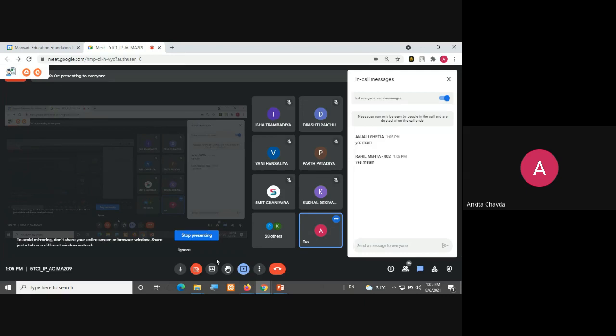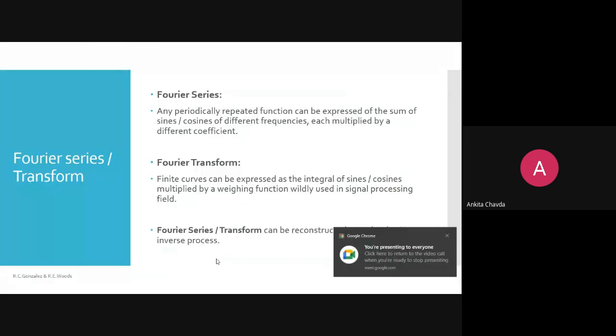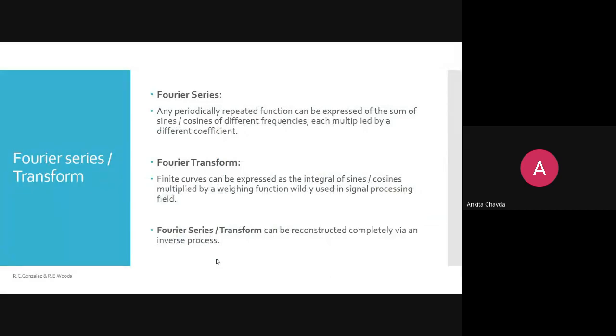Okay. Then what is the Fourier transform? See, finite curves can be expressed as the integral of sines or cosines multiplied by a weighting function, which is widely used in the signal processing field. Here also, the integral of the sines and cosines is multiplied by a different coefficient.